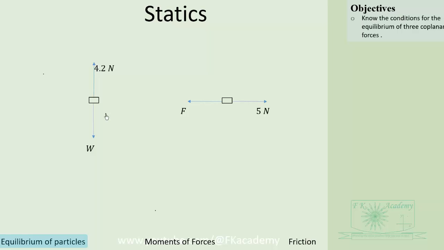So for instance, W here must be equal to 4.2 newtons. And we can see that they are opposite to each other. Then F here must also be equal to 5 newtons. If this particle is in equilibrium, the forces acting on it must cancel each other out, must be balanced.